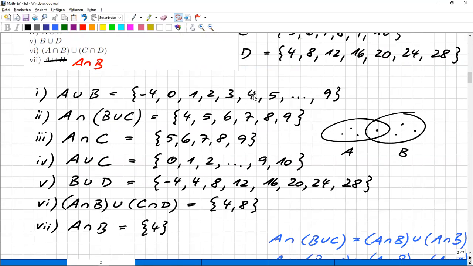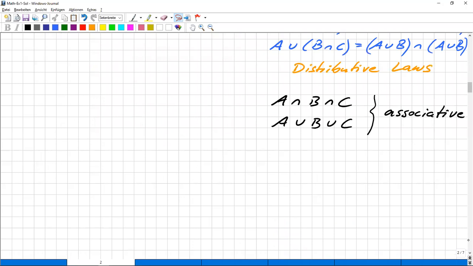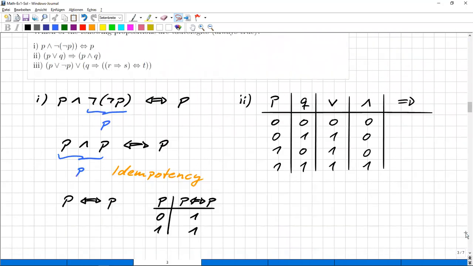The 4 is an element which lies in both sets, A and B, and anyway it belongs to the union set. And logically speaking, if we replace this by an OR, we have the inclusive case. It's important that it's valid. Otherwise, we will get a problem. Okay, so far, so good.